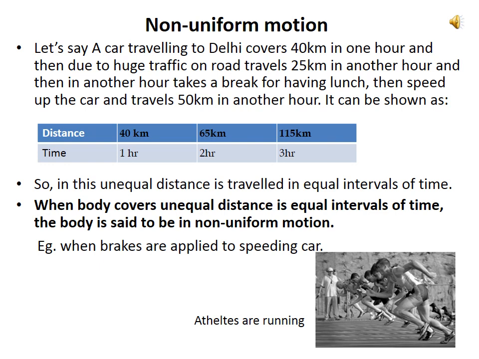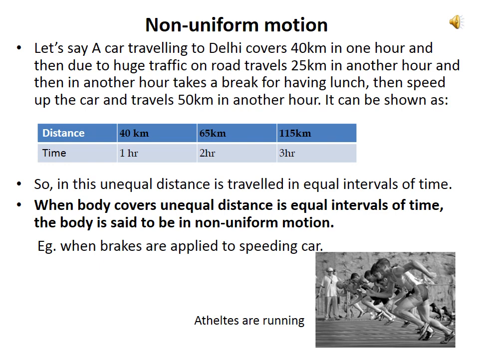Let us see another example. A bus traveling to Delhi covers 40 km in 1 hour, and then due to huge traffic on the road travels 25 km in the next hour, and then in another hour takes a break for lunch. Then the bus speeds up and travels 50 kilometers in another hour.